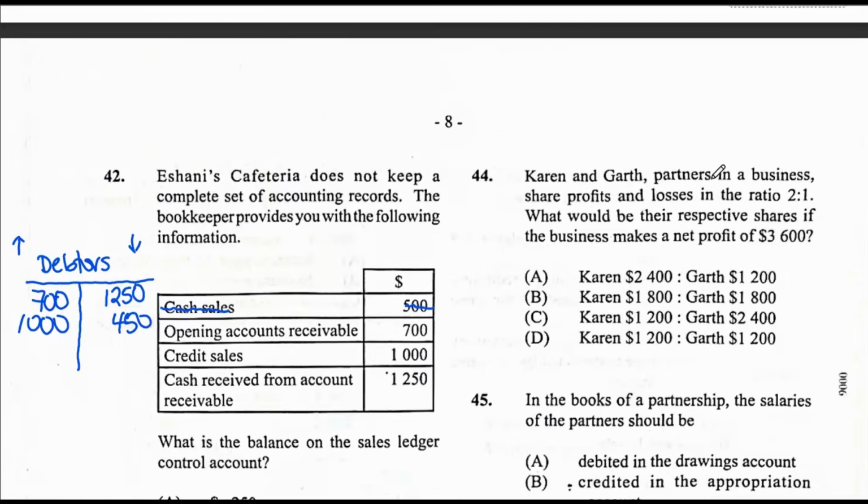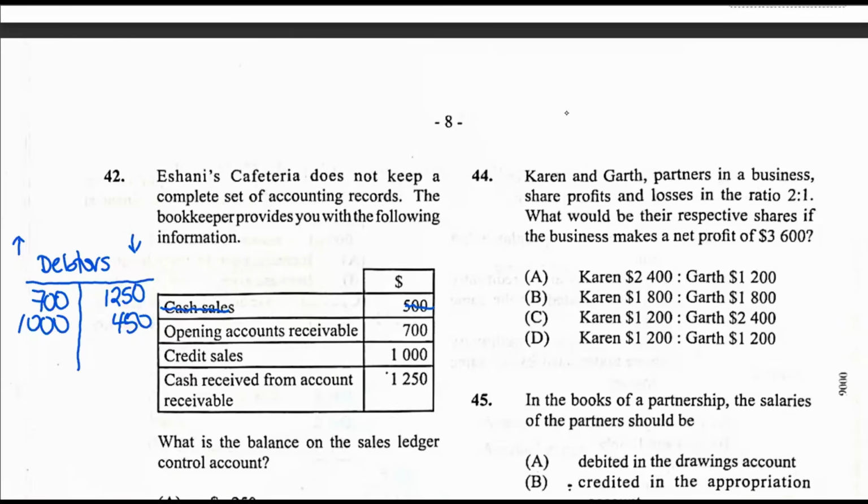Karen and Garth, partners in a business, they share profits and losses in a ratio 2-1. What will be their respective shares if the business makes a net profit of 3,600? Now, guys, this is more a mathematics ratio question, but I mean, it is partnerships where sharing profits and losses in the ratios. Karen and Garth. Let's see. Well, 2-1.